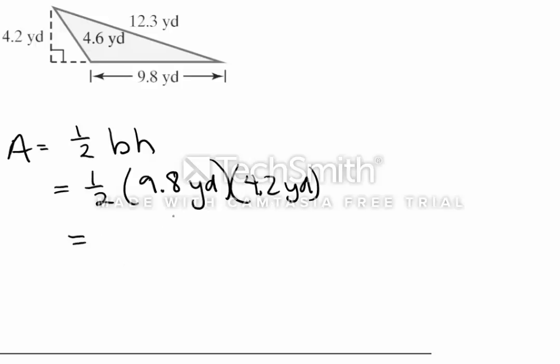And then when we multiply that, I would get 20.58 square yards. And notice by writing your units in your problem, we're multiplying yards times yards, which gives me square yards. You'll end up with the correct units at the end.